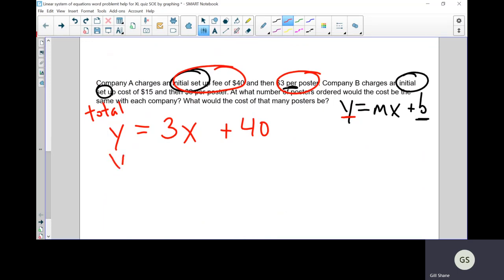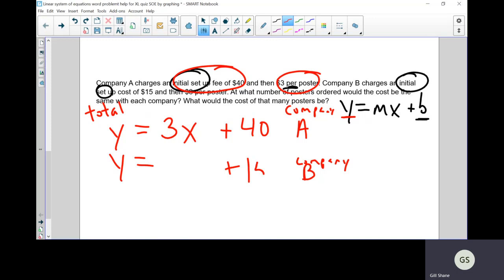And then same thing down here, Y equals, total is going to be for company B, so this is company A, and then down here, this is going to be company B. So same thing, the total for company B is the initial cost.